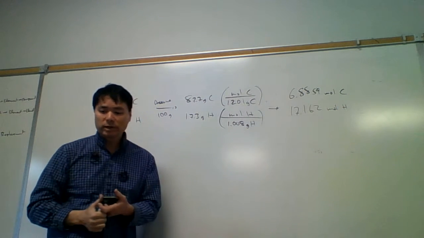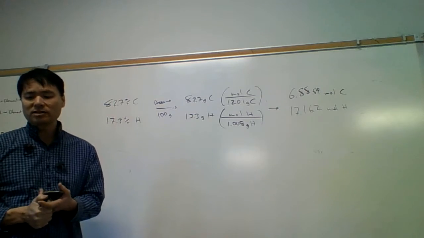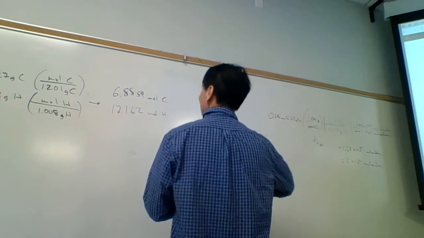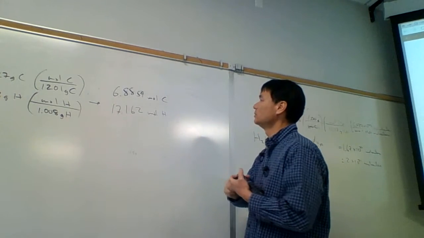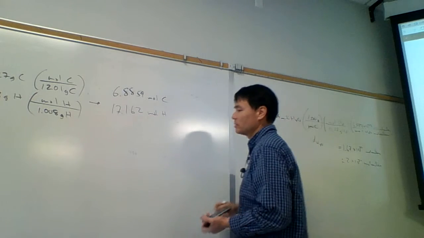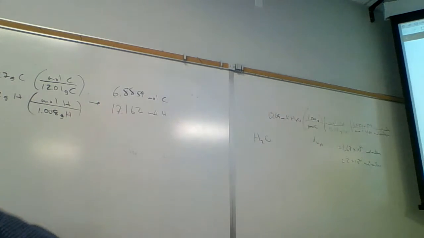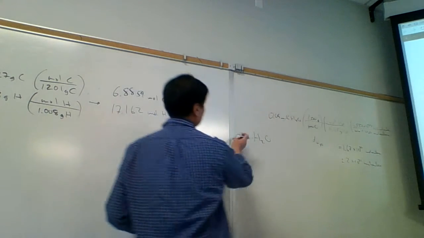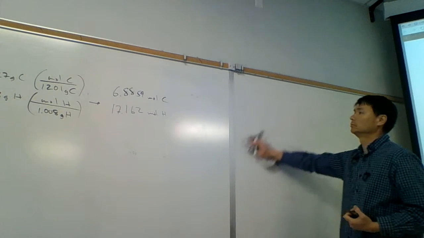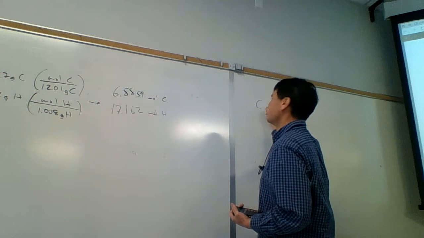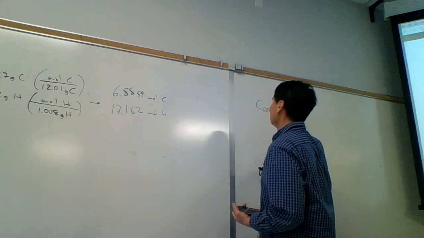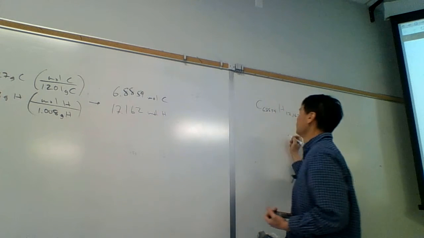What we want is the mole ratio, except we want it in terms of simple whole numbers. To get this in terms of simple whole numbers, we're going to divide by the smallest. Formula is mole ratio, so we'll write this out as mole ratio. We'll have carbon 6.8859, hydrogen 17.162.